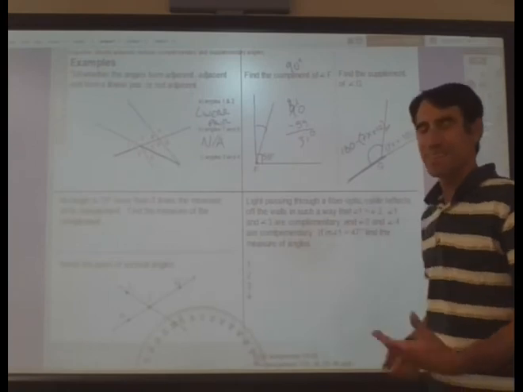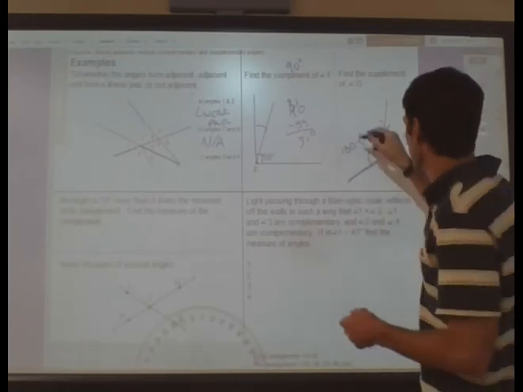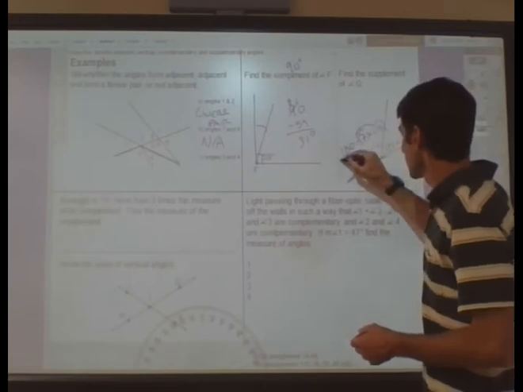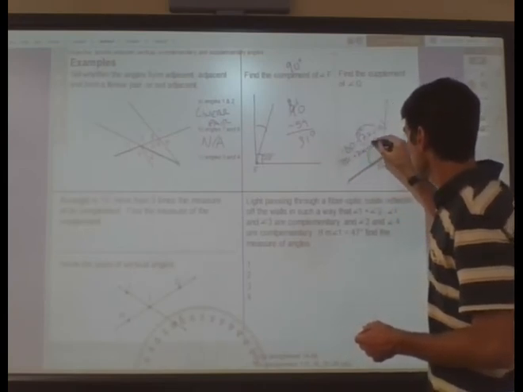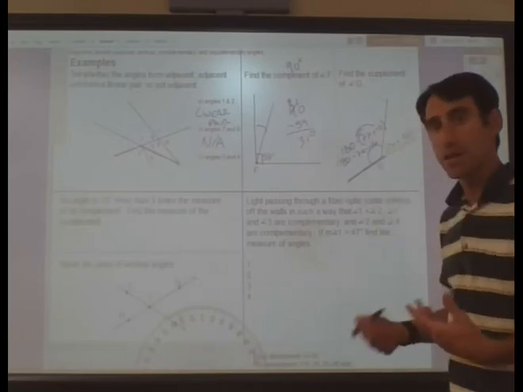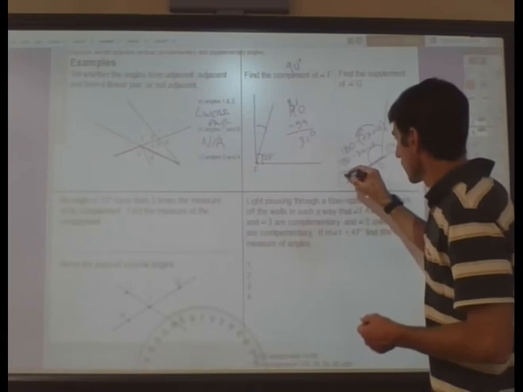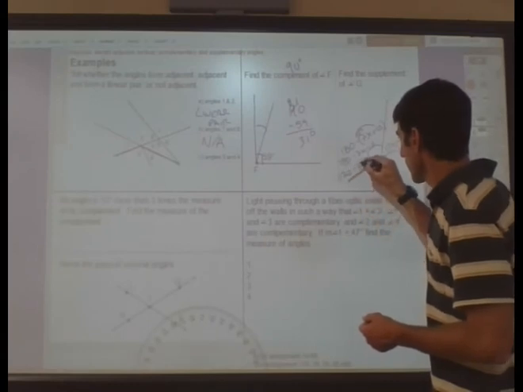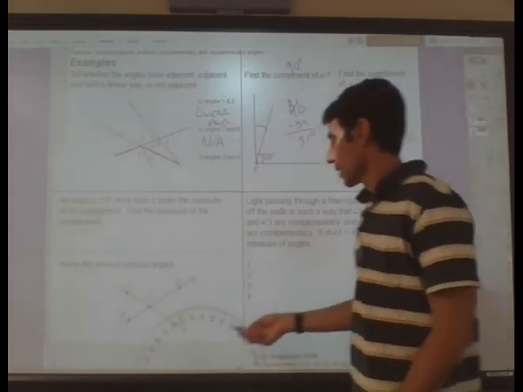Well, this answer is not in simplest form, so let's simplify this a bit. I'm going to distribute the negative sign, so we have 180 minus 7x minus 10. I can combine the 180 and the negative 10 to form 170. So we're going to end up with 170 minus 7x. Not too bad.